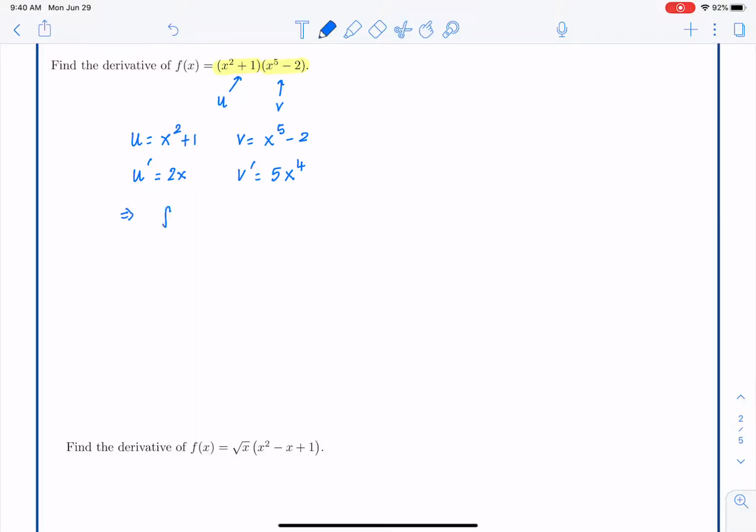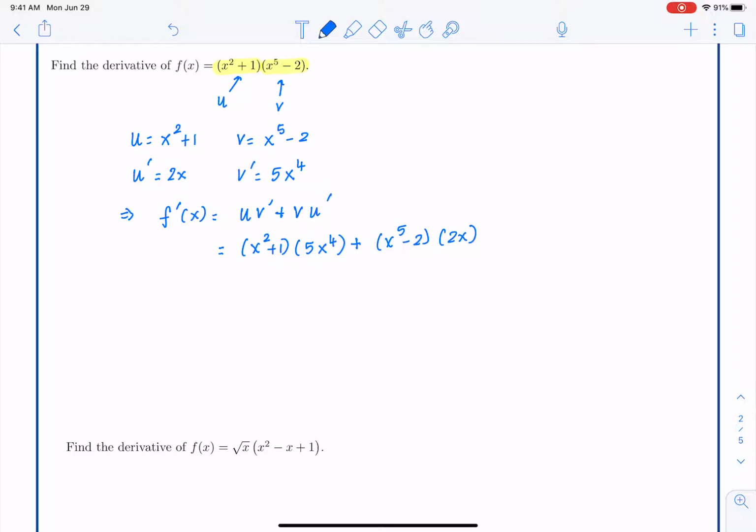So the derivative of the function is given by the formula u v prime plus v u prime. That is the rule. So we have x squared plus 1 multiplied by v prime, which is 5 times x raised to 4. v is x raised to 5 minus 2. u prime is 2x.